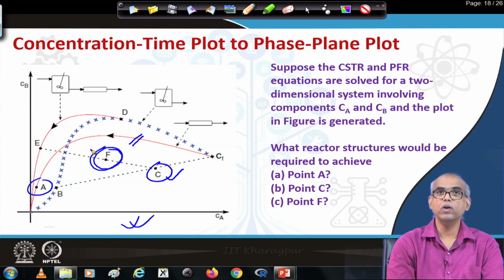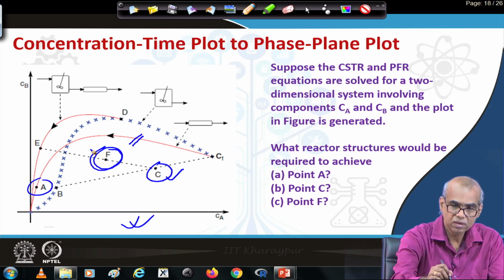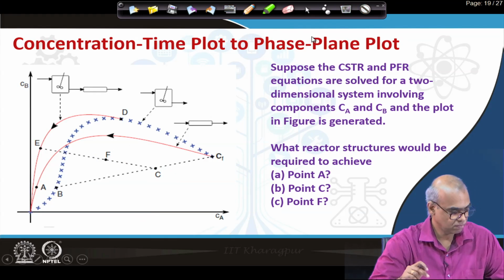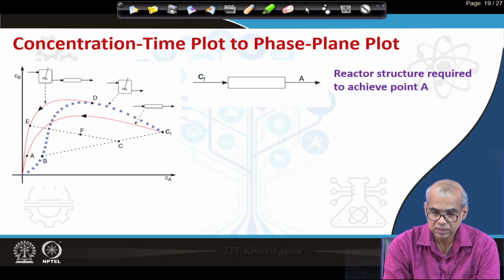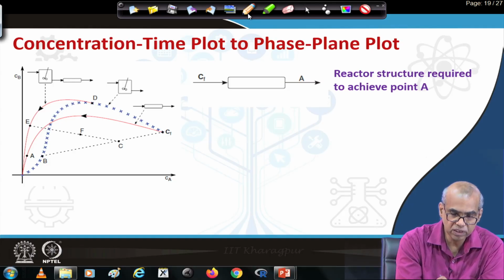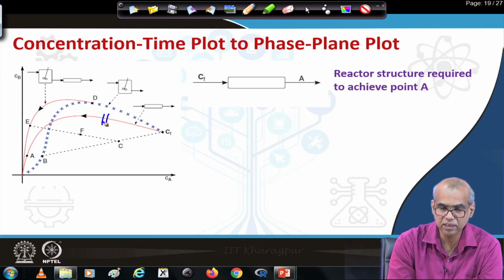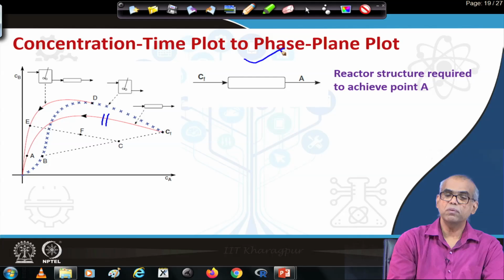Point C and point F are lying within the region, and do not follow any trajectory shown in this figure. So, how do you get this? Since point A is directly lying on this PFR trajectory, I can use this PFR to obtain point A.